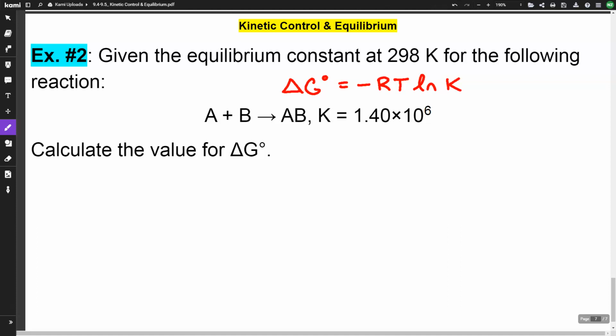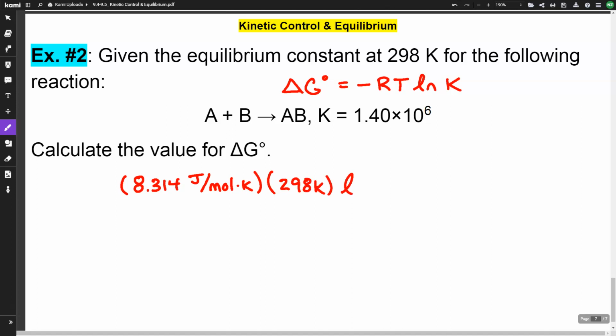We've got R, which we're always going to use as 8.314, with units of joules over moles times Kelvin. We have our temperature in Kelvin, which is 298 Kelvin.